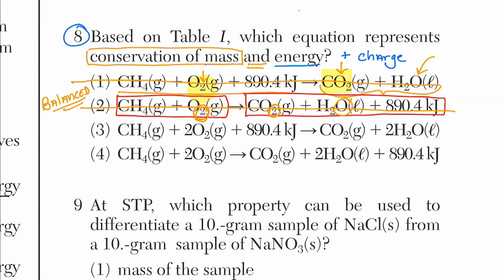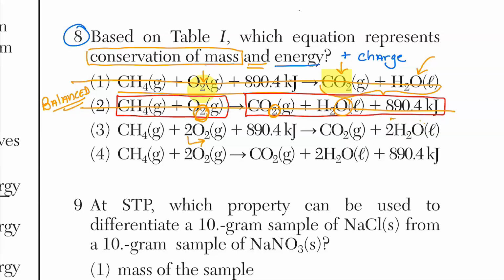Now if you check out 3 and 4, hey, we have 2 times 2, okay, 4 oxygens to the left of the arrow. And then we have 2 here in the CO2, and then don't forget the 2 in front, there's 2 times 1 there, so there's a total of what? Okay, there's a total of 4 oxygens on this product side.